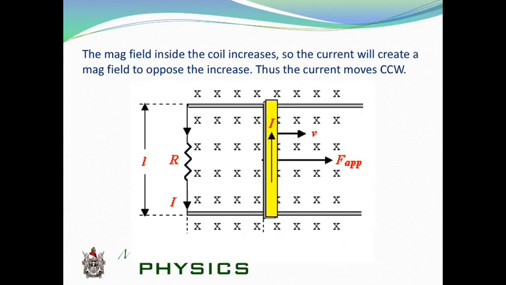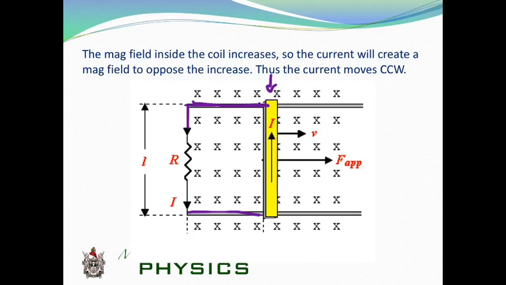Next one. Okay, this is a little bit weird, but what's happening here is you have little metal rails, and then you have a wire with a resistor, and it looks like this. So you have this metal rail, and then you can take this whole yellow thing right here and slide it to the left or to the right.